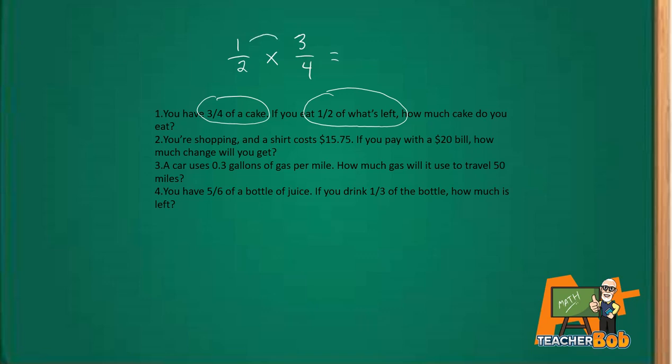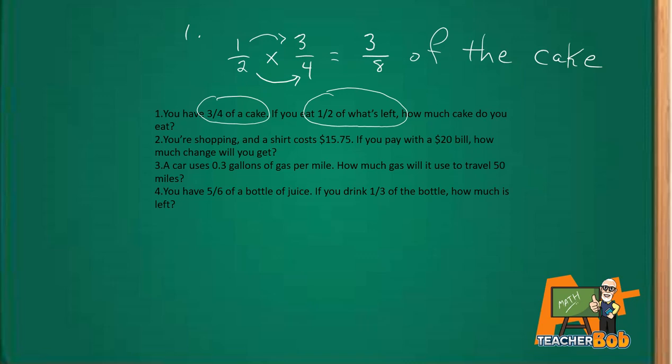So we just simply multiply the tops and multiply the bottoms, the numerators and the denominators. So what do we end up with here? We end up with 3 on the top and 8 on the bottom. So that's our answer. If you eat half of 3/4 of a cake, how much cake did you eat? You eat 3/8.